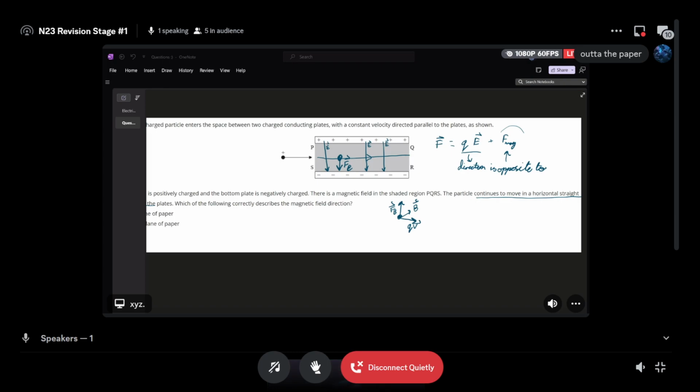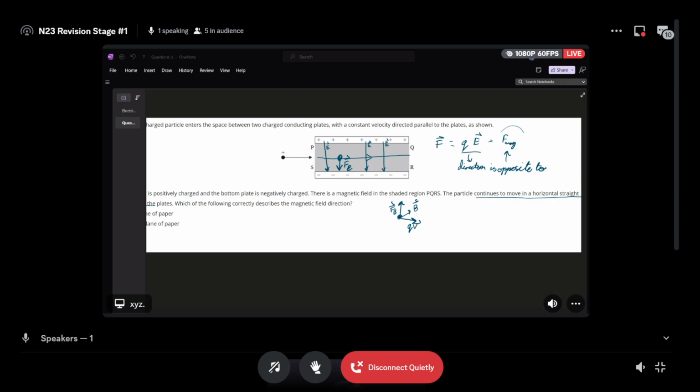Are you sure? If you use your hand rules, I draw the little vector diagram in the bottom. It depends what hand you use.